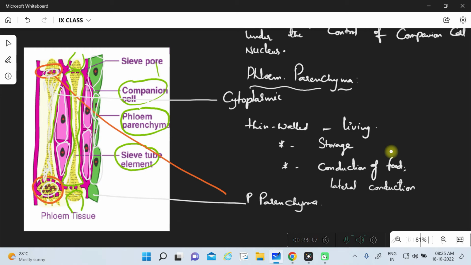Now coming to the last element of the phloem, which was not included in the diagram but is still an element of phloem tissue, that is phloem fibers. We also call these phloem fibers bast fibers.